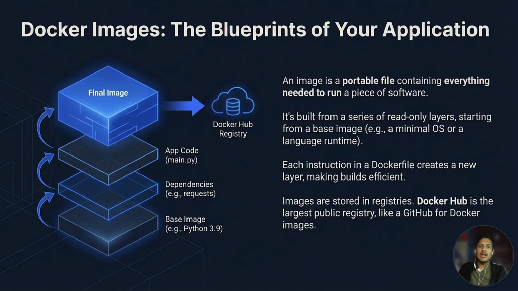Now we'll drill down into the Docker image. An image is a portable file containing everything needed to run a piece of software. What makes it unique is how it is built. It is built from a series of read-only layers. As you can see in the graphic, we start with a base image like Python 3.9 in this example.